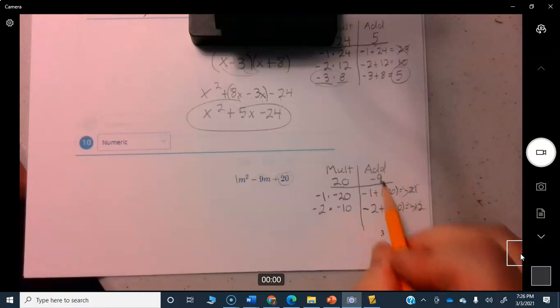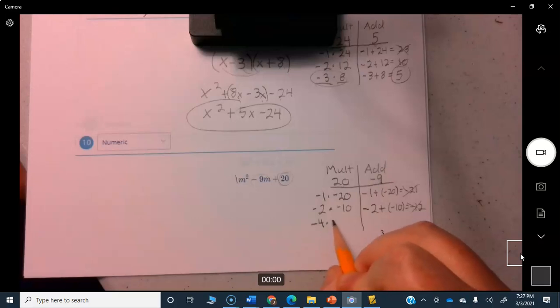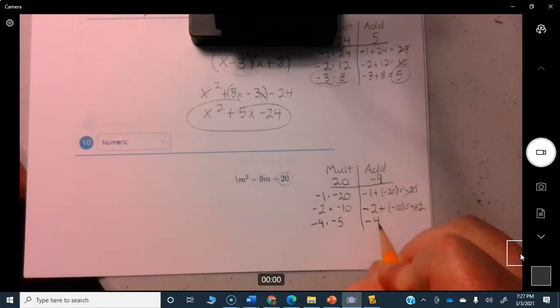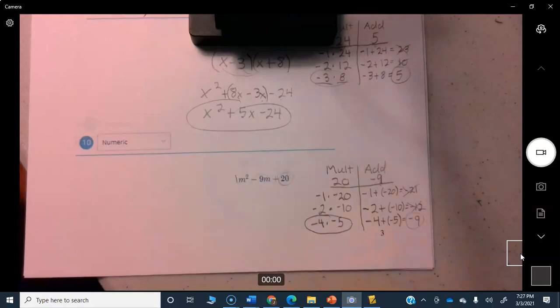That does not equal -9. So -3 does not go evenly into 20, so skip that. Let's go to -4 times -5. And that's -4 plus -5, and that's going to be -9, and that is the number we're looking for. So these are the two numbers we're really looking for there, -4 and -5.